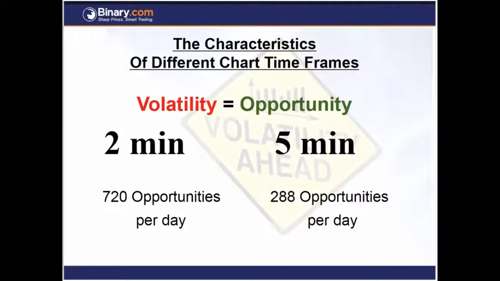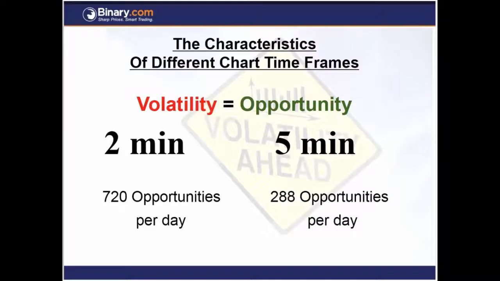Moving on to the 5-minute expiries, there are 288 opportunities in a day. If you have 5-minute bars in a 24-hour period, that means you have 288 opportunities to actually be correct on a trade. Obviously, we're not going to be right on every trade.